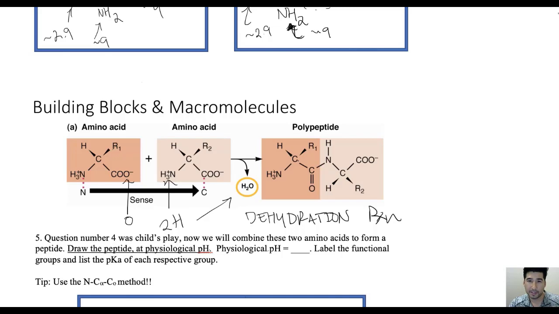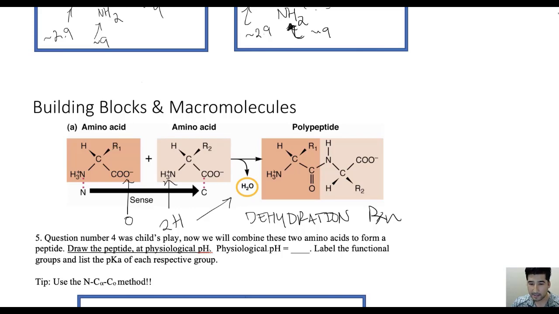All you have to do is understand that 2 amino acids come together, they lose water, and their peptide backbone has a N for nitrogen, has a C alpha or Ca for the alpha carbon, and a CO for the carbonyl. So for every single one of these amino acids, you're going to have one N, Ca, CO.